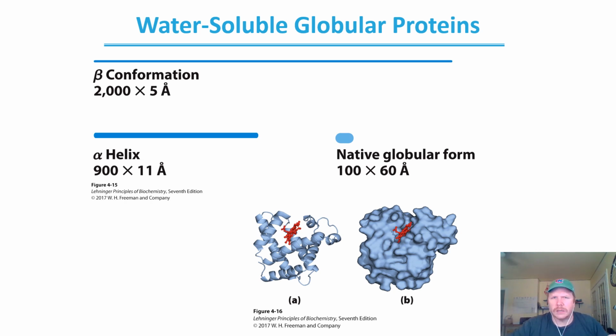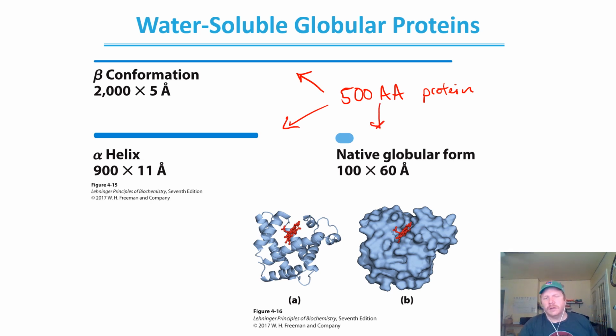Think about this as a 500 amino acid protein, as a beta sheet, as an alpha helix, or as a native globular protein. When you put those 500 amino acids in their native globular form, they pack very densely. It's very efficient. It's 100 by 60 angstroms.